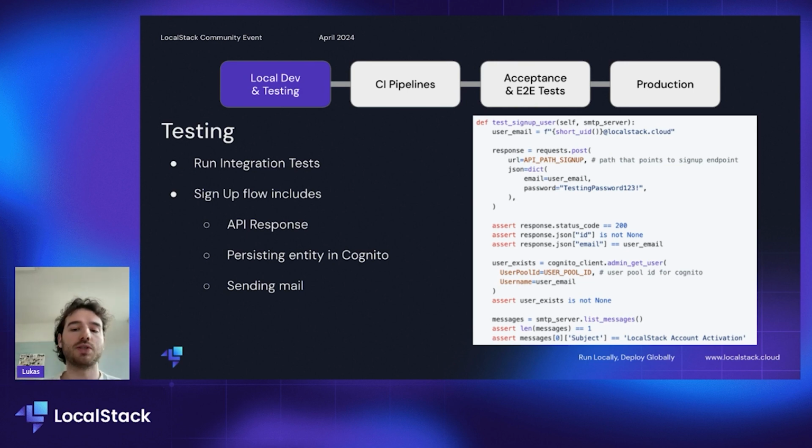So for this example, I have included the sign-up flow, which typically includes the API response. It includes persisting an entity in Cognito, and it also includes sending of a mail to confirm the account creation.